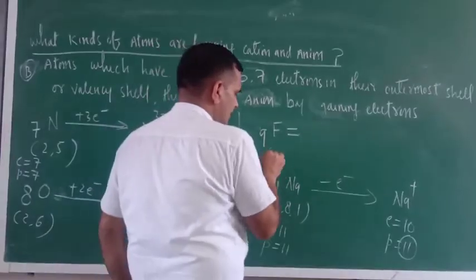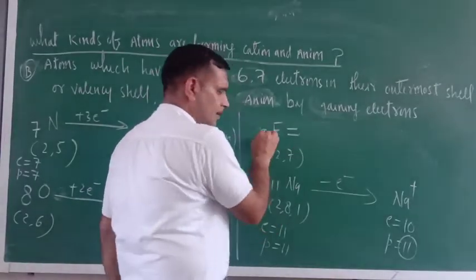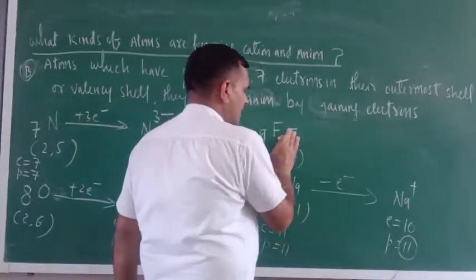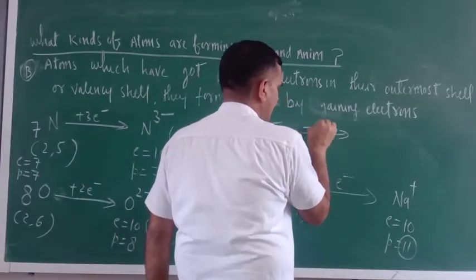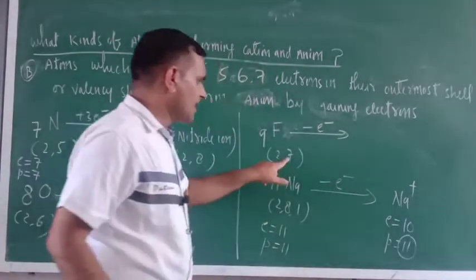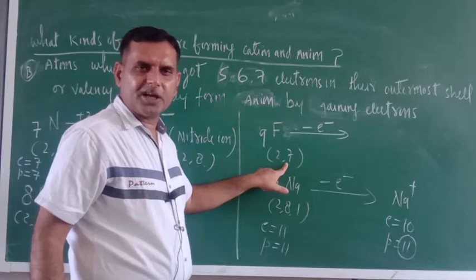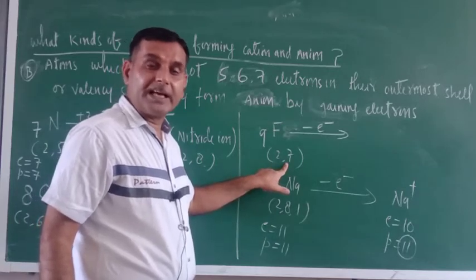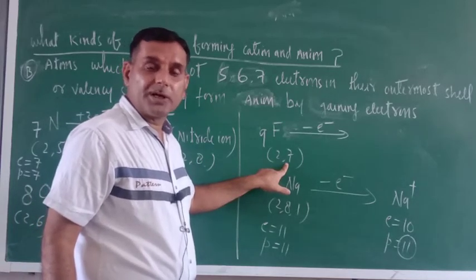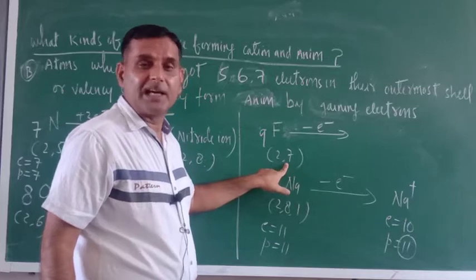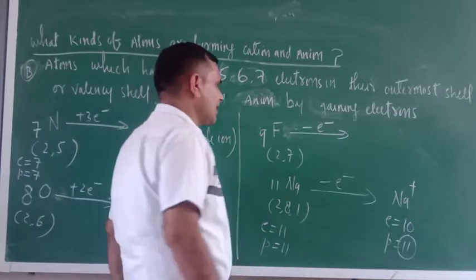Now let us see this one, fluorine. Fluorine is 2 and 7. Atomic number is 9. So it will gain 1 electron. Why 1 electron? Because 7 electrons are already there in its outermost shell. If it gains 1 electron, its outermost shell will have 8 electrons and its octet will be completed.